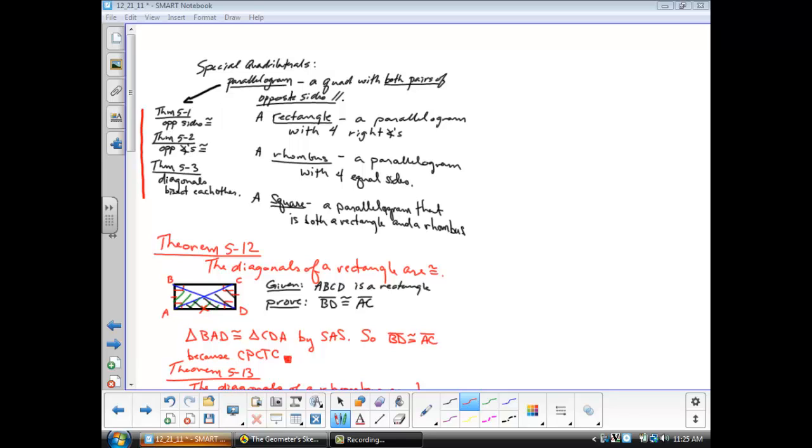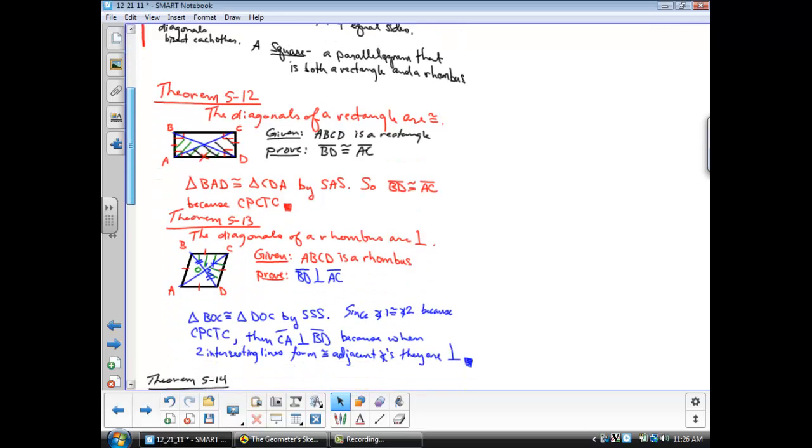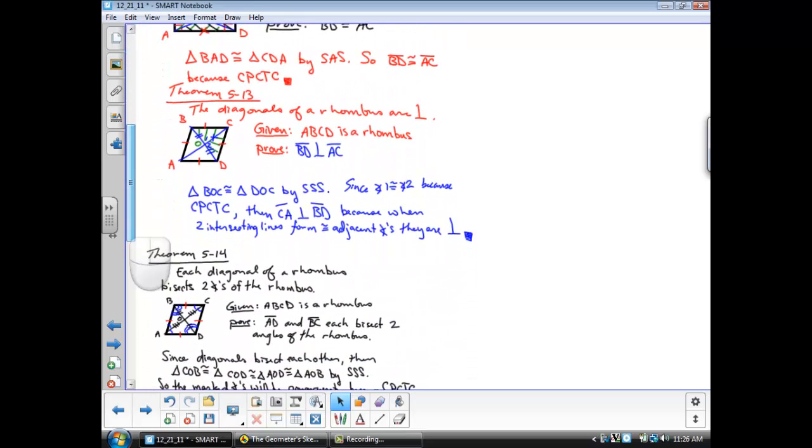Okay. Now, theorem 5.12 then gives us some more properties of these figures. Theorem 5.12 is specifically for rectangles. A rectangle has congruent diagonals. Theorem 5.13 gives us another property that's specific to a rhombus.